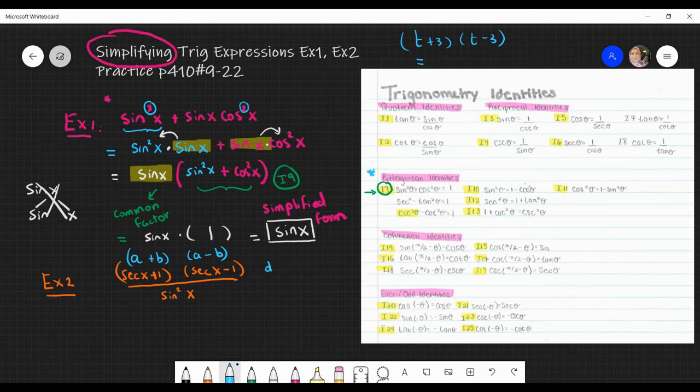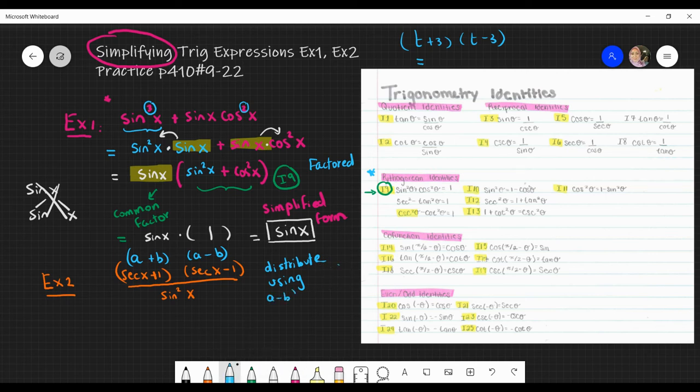So here we're going to do the opposite of what we did in example 1, where at this step we factored. Right here, we're going to have to distribute using the a squared minus b squared, or a minus b into a plus b pattern, special case.